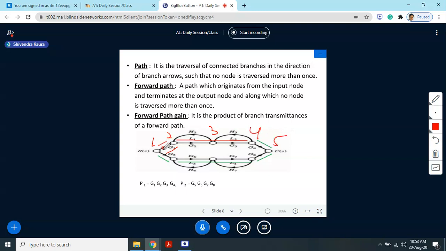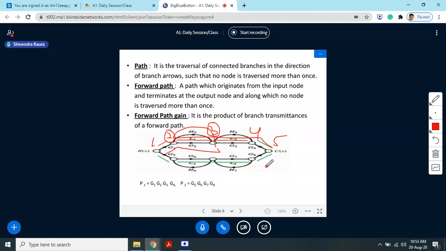If you want to go from 1 to 2, then 2 to 3, then you can go back like this because the arrow is going back. Then 3 to 2, then again 2 to 3, then 3 to 4, then 4 to 5. In this case, your node 2 and node 3 are repeating themselves.